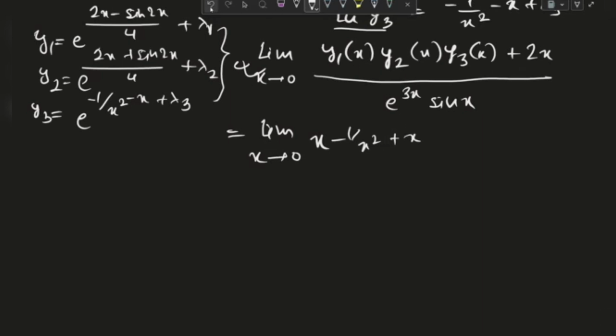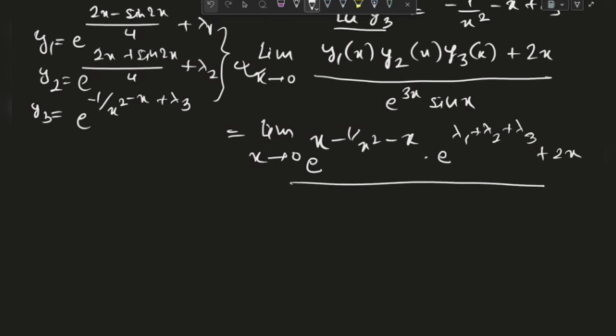Sorry, that's not plus x, it's minus x. And I forgot to write the e power, so I'm writing e power lambda 1 plus lambda 2 plus lambda 3 separately, plus 2x divided by e power 3x.